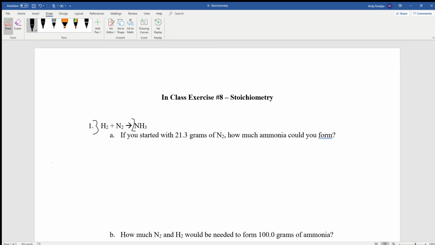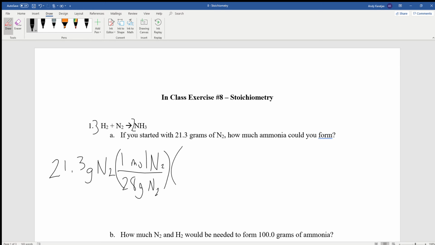So this is very much like some of the practice ones we did. 23 grams of nitrogen times 1 mole of nitrogen over the molar mass of nitrogen, which is 28 grams. We will then use our mole to mole conversion. 2 moles of ammonia are made from 1 mole of nitrogen.